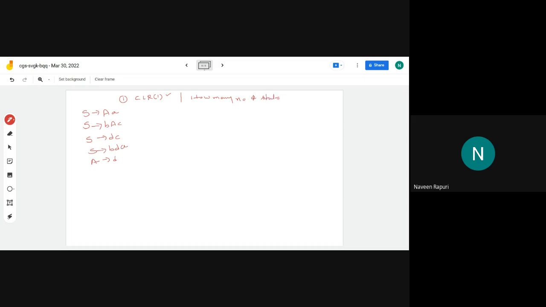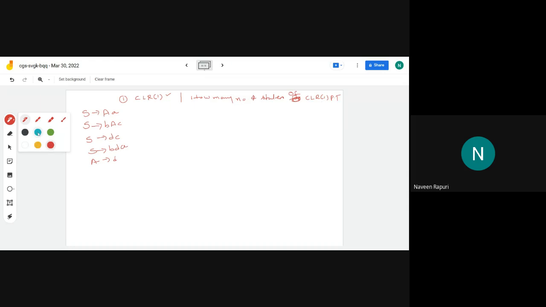If you try to write the parsing table of CLR1, how many states are there? So two things we need to check: first whether it is a CLR1 grammar or not, and then the number of states in the CLR1 parsing table.